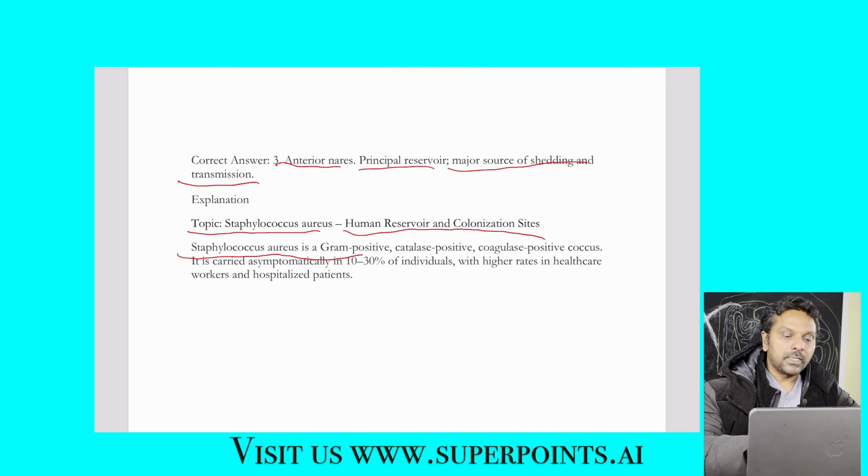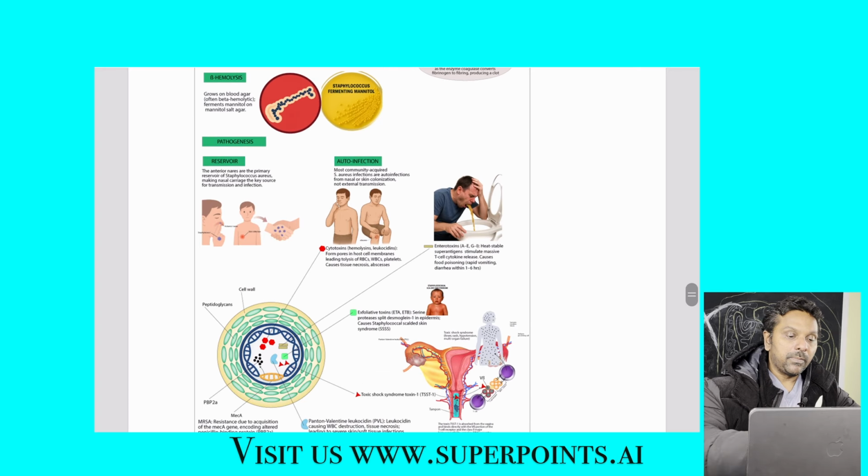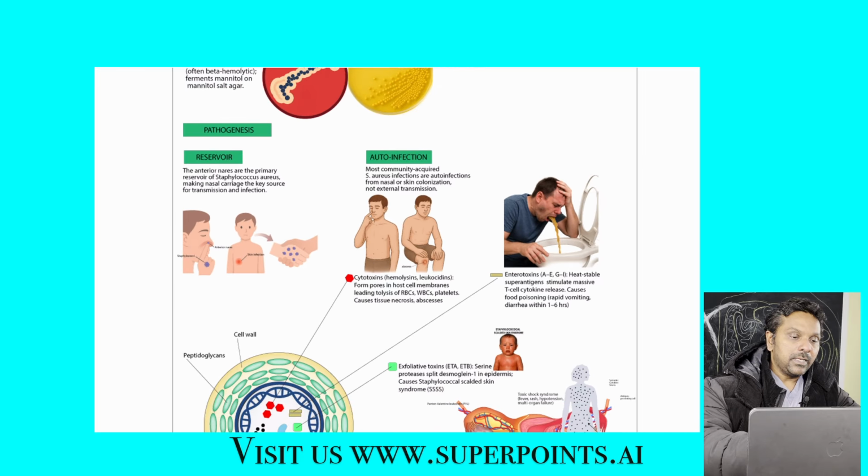Staphylococcus aureus is a gram-positive, catalase positive, coagulase positive coccus. It is carried asymptomatically in 10 to 30% of individuals with higher rates in healthcare workers and hospitalized patients. Just remember this one. Anterior nares, primary reservoir of Staph aureus, making nasal carriage the key source for transmission and infection.